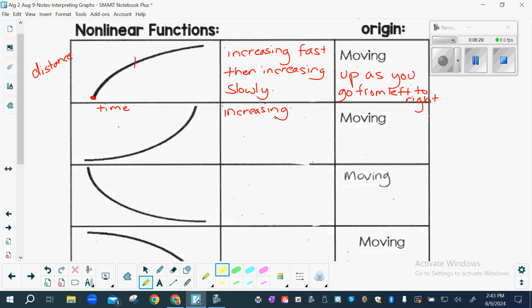So that would be slow. This one is slow because it's not going much distance here. It's increasing slow, and then from here to here, how is it increasing? Fast, slow then fast. So see how that is steeper? So it's faster.